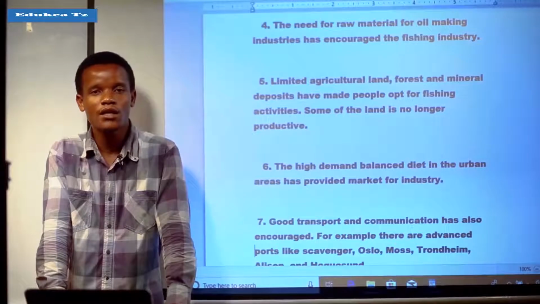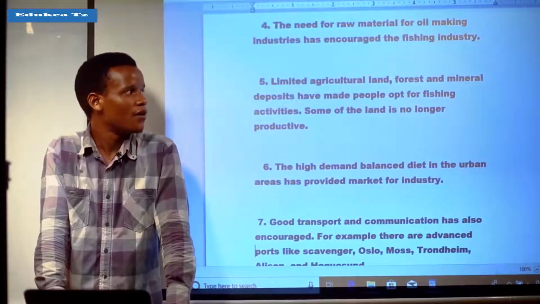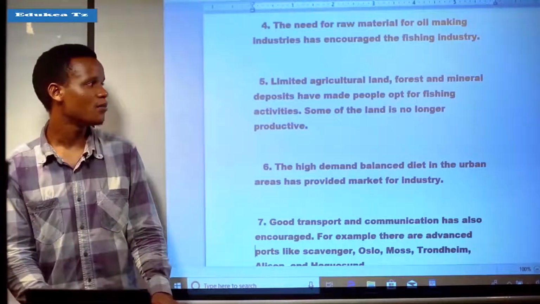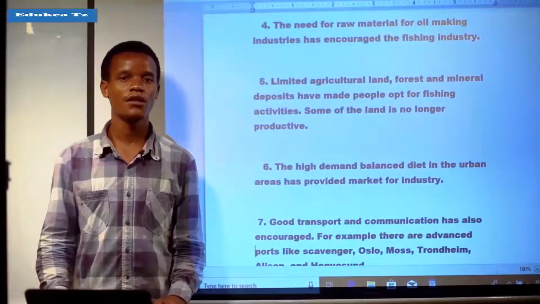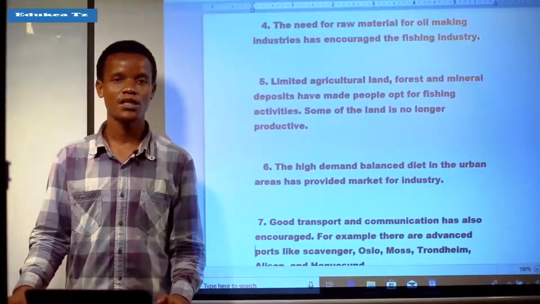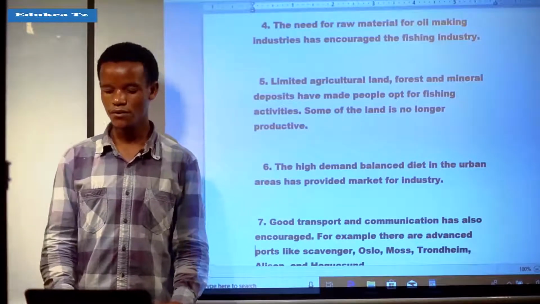Also, in the country of Norway there are no mineral deposits available. So many people engaged in the fishing sector rather than other sectors like agriculture and minerals.